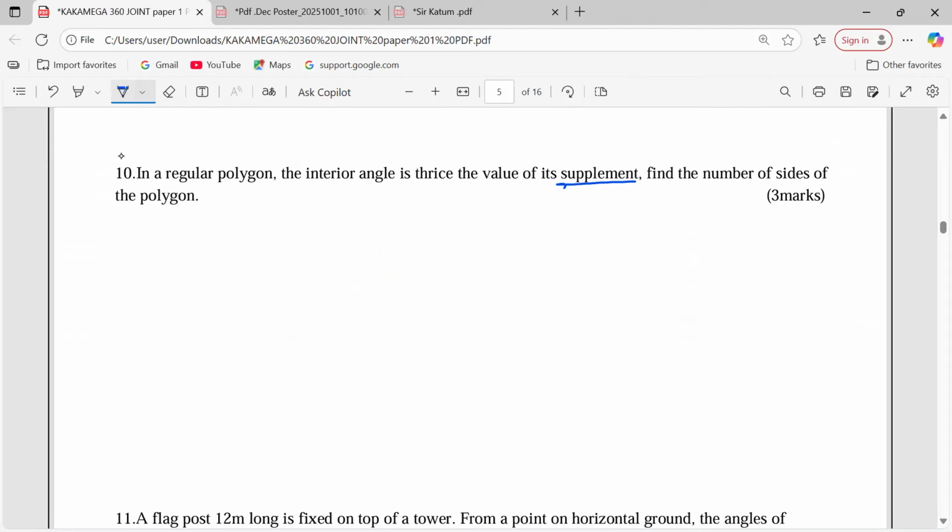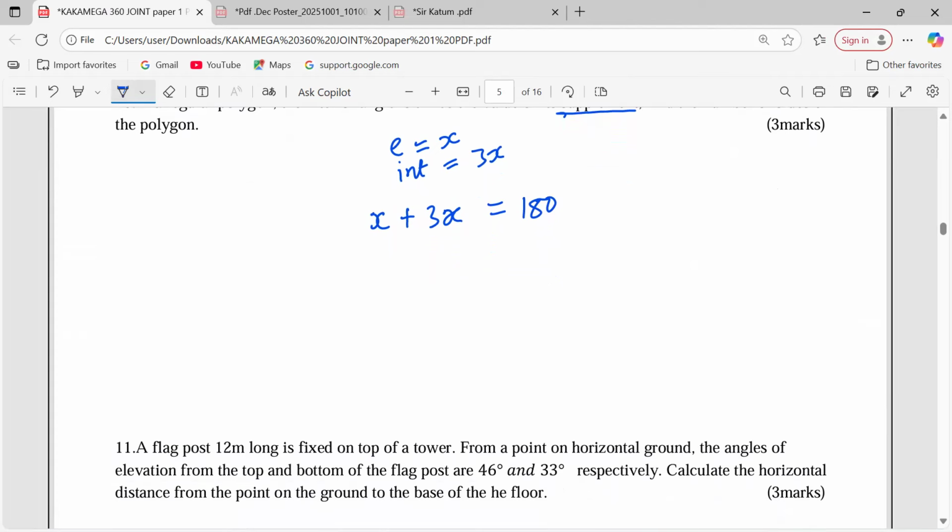So the interior is thrice the supplementary. So we can let the exterior be x so that the interior now becomes 3x. We know that exterior plus interior should give us 180. So 4x equals 180. The value of x equals 45.